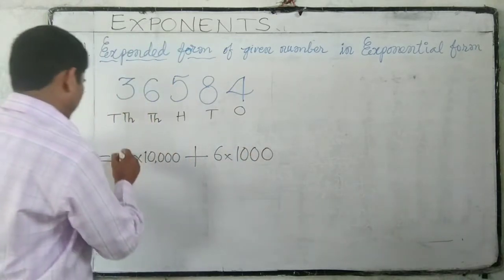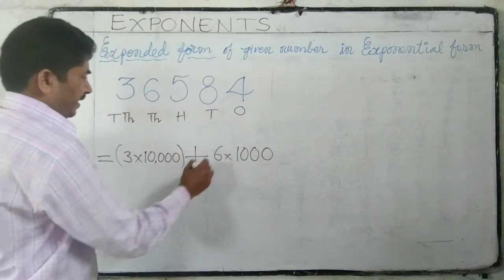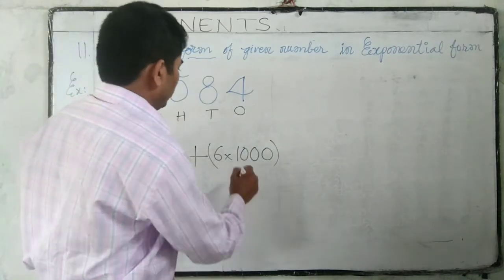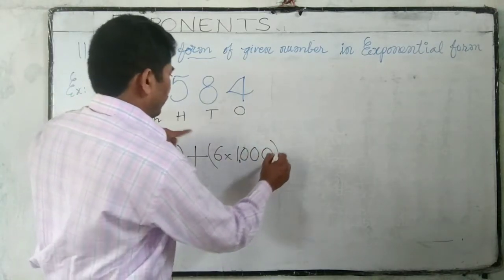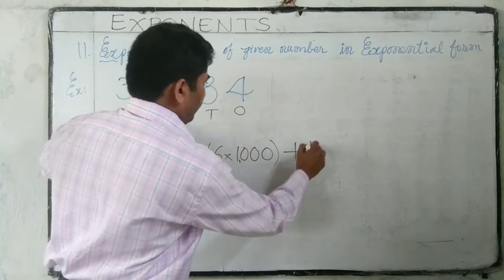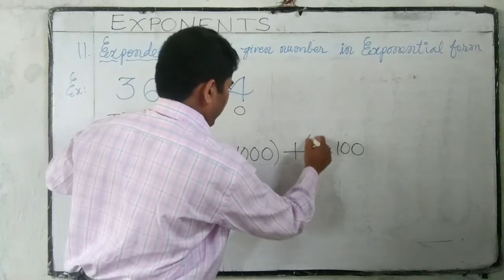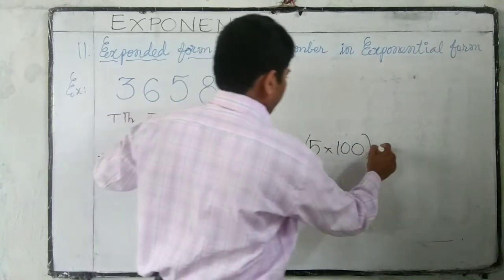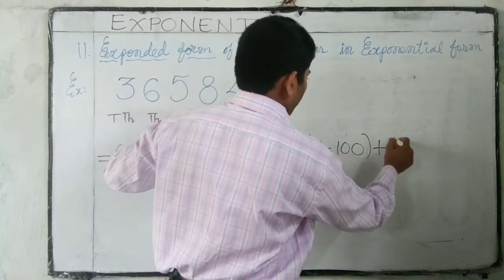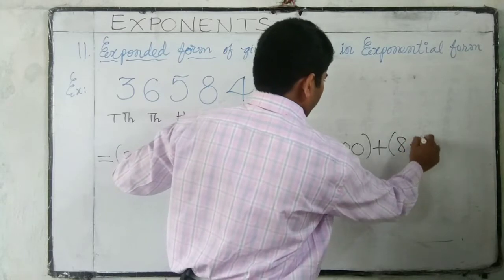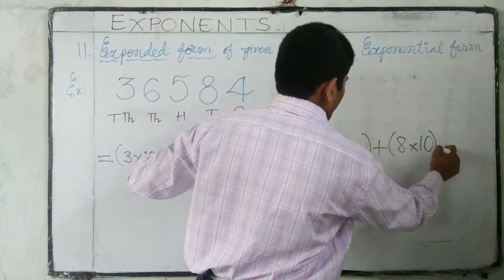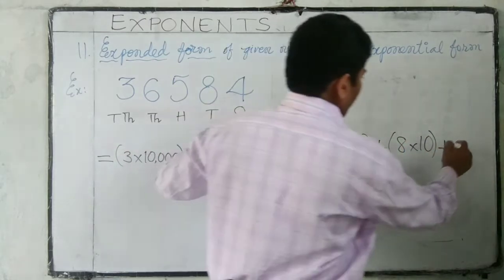To give clarity, we may keep a bracket also. 6,000s are plus 500s are plus 8 tens are plus 4 ones are.